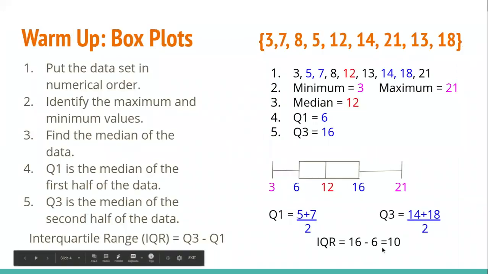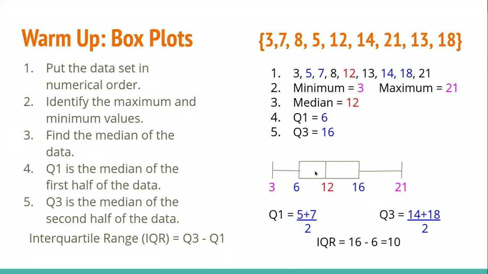So if you had to find the interquartile range, it is a range. And because these are quartiles, this is 1 quarter, 2 quarter, 3 quarter, 4 quarters. Because it's the interquartile range, you would use those 2. But we'll talk about that a little more.